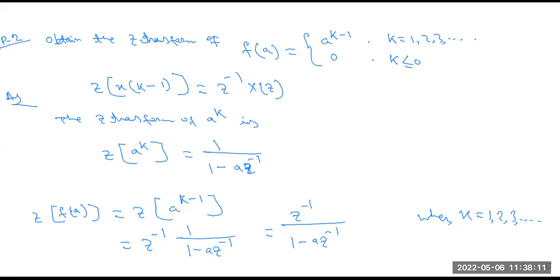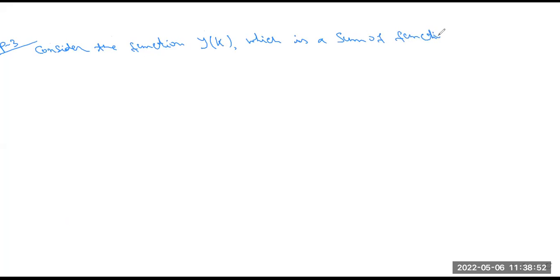Now, next problem, number 3. Consider the function y of k, which is a sum of the function x of h, where h is equal to 0, 1, 2 and so on up to k, the number of terms.